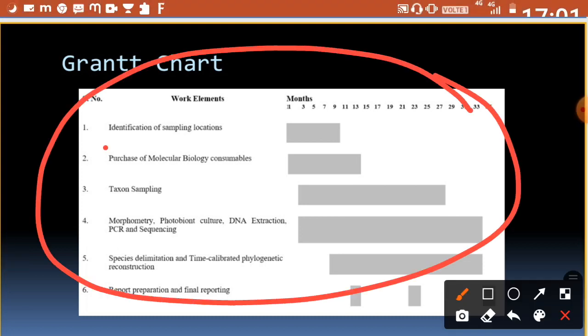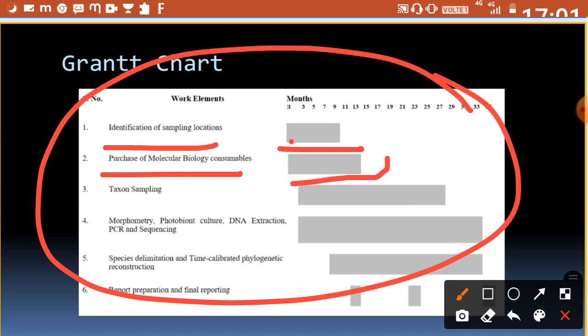Okay, so the first is identification of sampling location. The period given is 3 to 9 months. Similarly, purchase of molecular biology consumables. The period given is 3 to 9 months, I guess. No, it's 3 to 11.